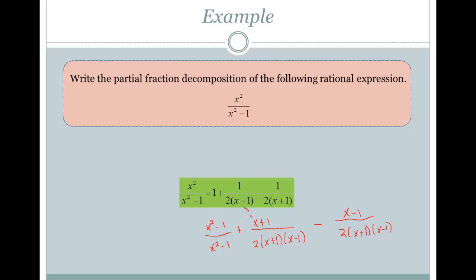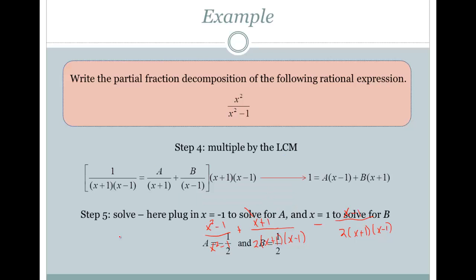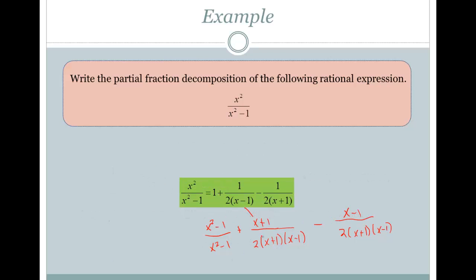This term is right there, and this term is right over there. These two have the same common denominator. And so if I combine those two, I'm going to get x plus 1 minus x plus 1, because I have to distribute that negative, over 2 times x plus 1 times x minus 1.